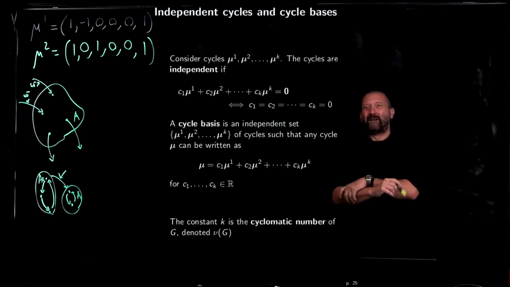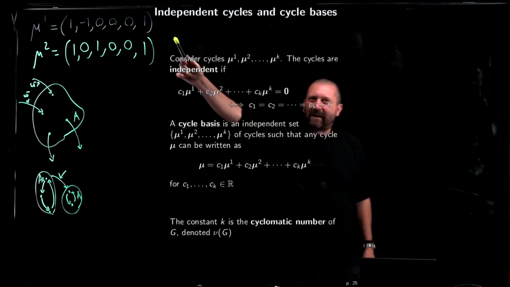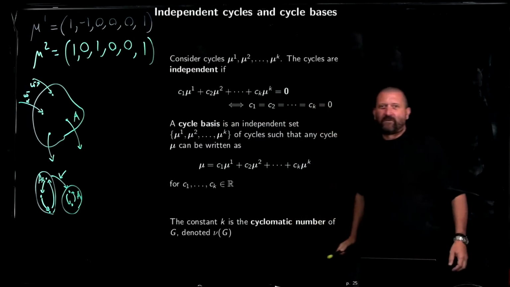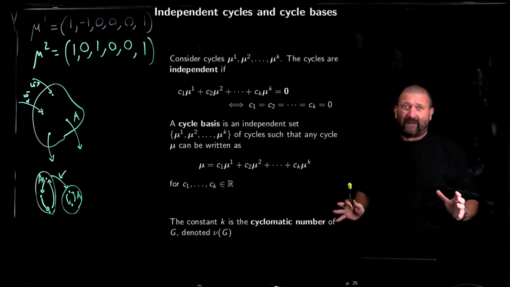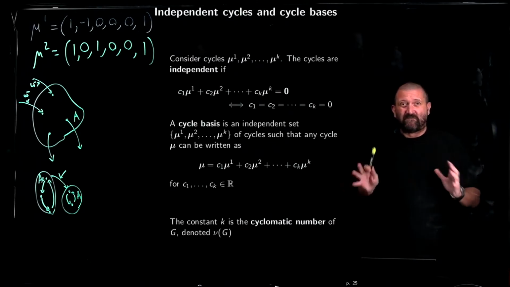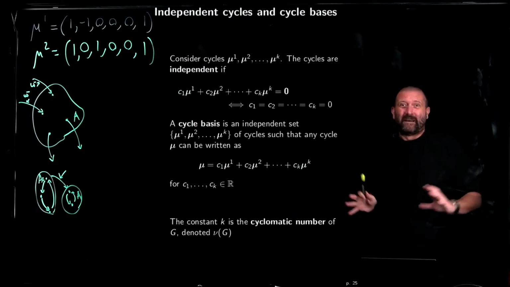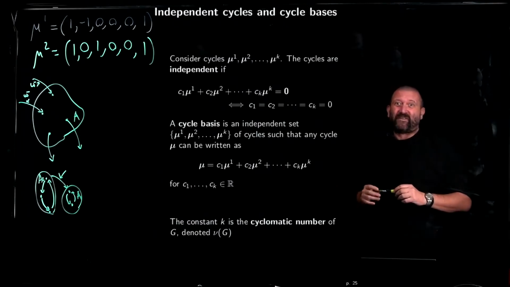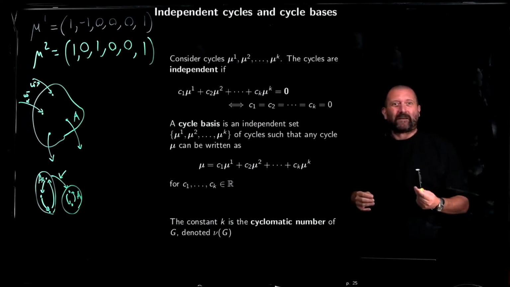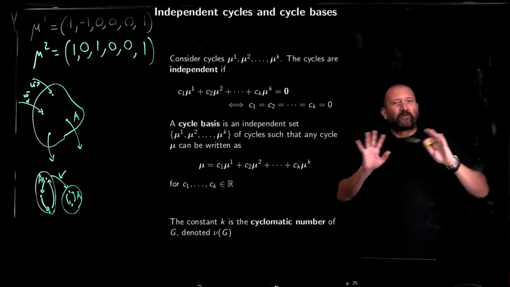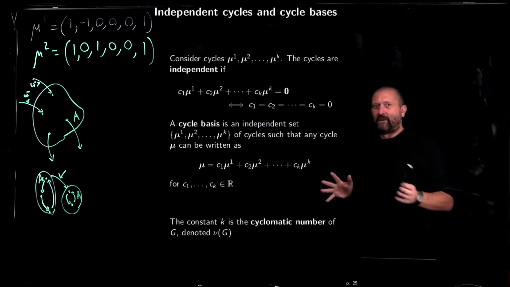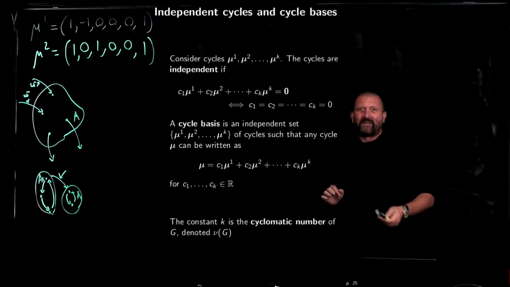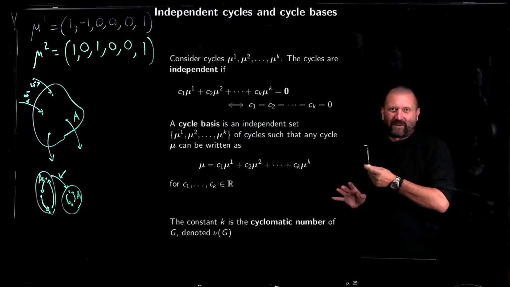Now, the fact that I said earlier that we could write those things as vectors should hint at the fact that there is some algebra here. And we're going to see this by thinking about it a bit. We're not going to go into great detail. So these are vectors.